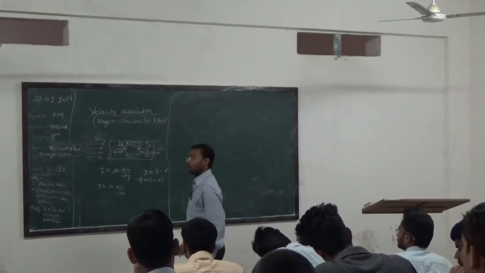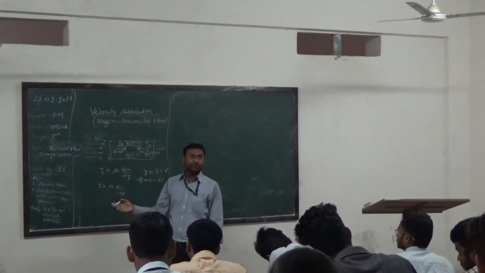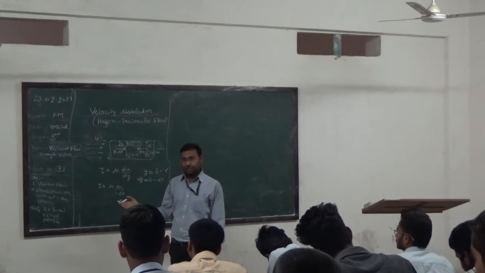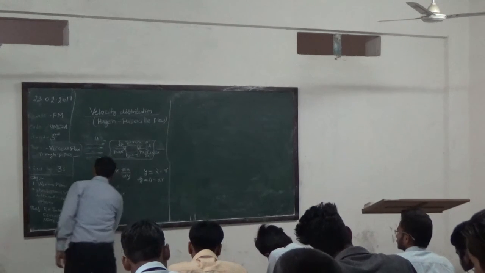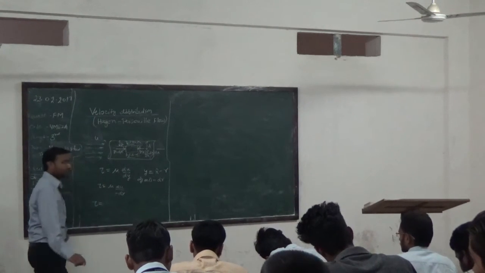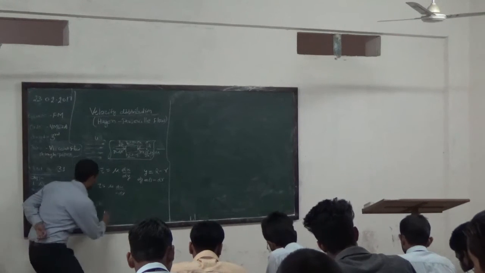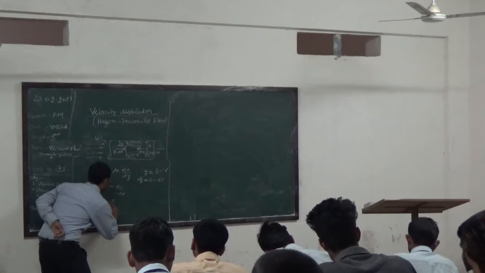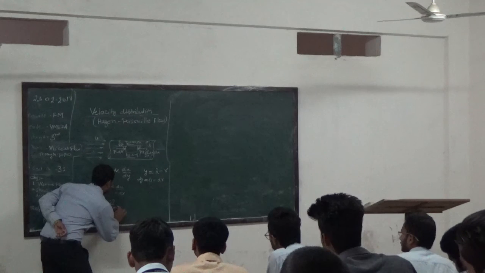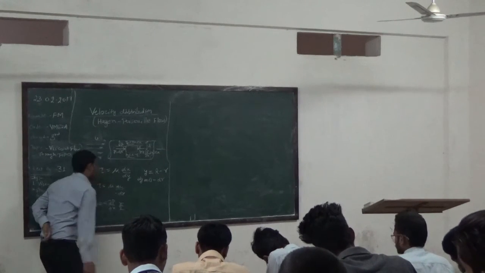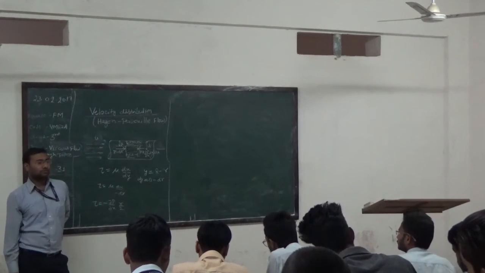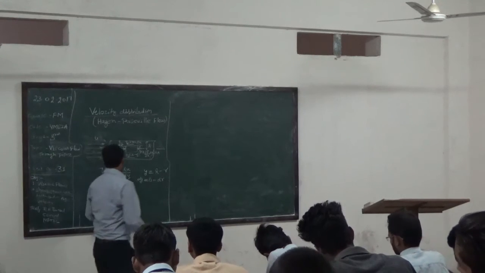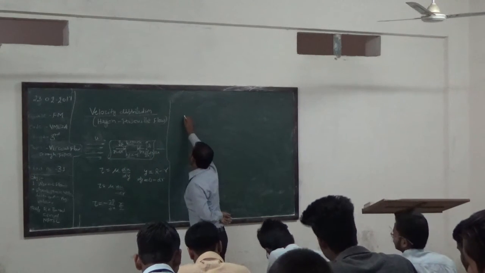Clear? Now, from the shear stress distribution, the value of tau is minus dp by dx into r by 2. Let's compare these two equations.